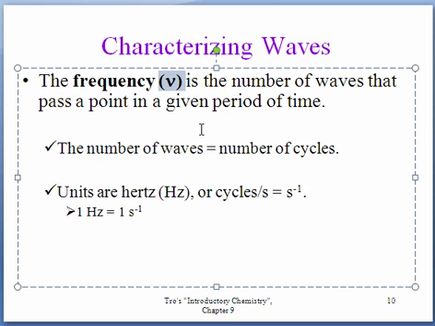And as I said, it's the number of waves that pass a given point in a period of time. It's often in physics represented by numbers of cycles. That's how they call it in physics. But in chemistry, we use the unit of reciprocal seconds. How many per second? Hertz is equal to a reciprocal second, and this little -1 as a superscript means per second, or 1/second. So we could also write this 1/second. That would be the same as this.